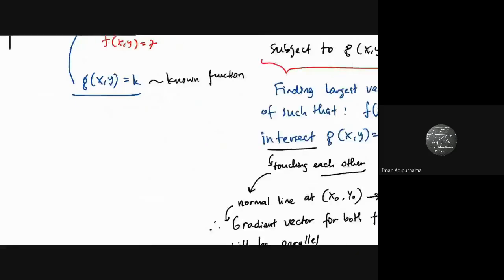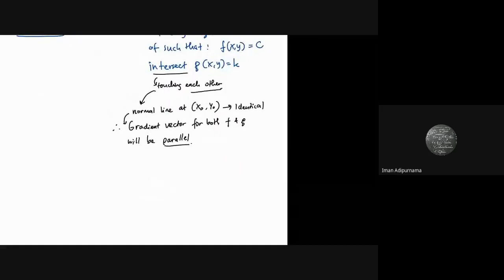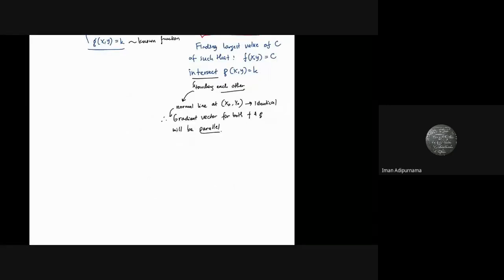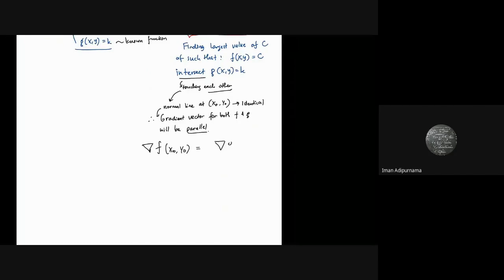So we can have, okay, gradient vector of f at this point is equal to, and what we need to find is this scalar that is multiplied by the other gradient vector. And this, we call the Lagrange.